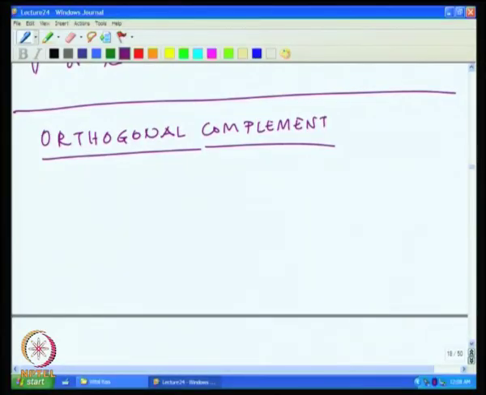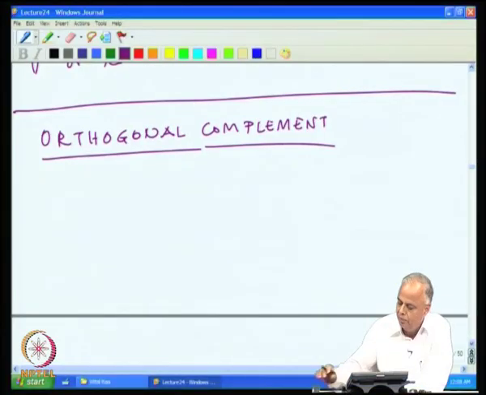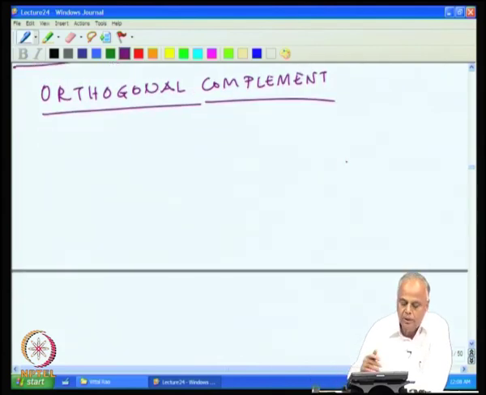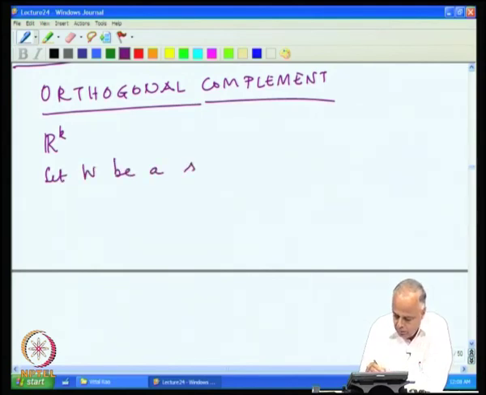So, we get many results analogous to the Pythagoras theorem. The Pythagoras theorem involves orthogonality, and therefore, once we have this orthogonality concept, we can look at these Pythagorean properties. So, we have R k and let W be a subspace of R k.